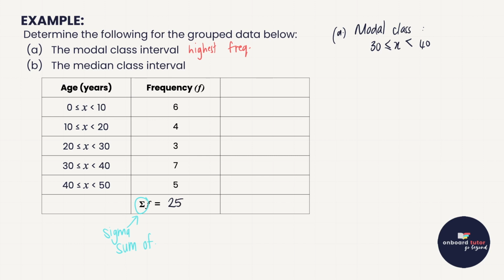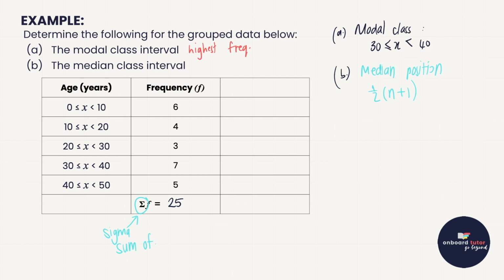Now in order to find the median, I actually need to know how many people there are in this data study. Because can you remember from our previous video, we could work out the median position by taking half of the number of data scores plus 1.